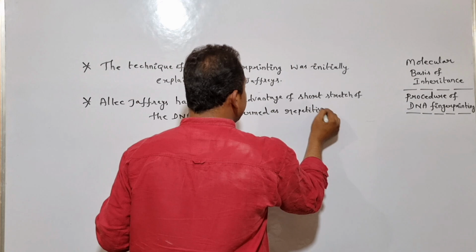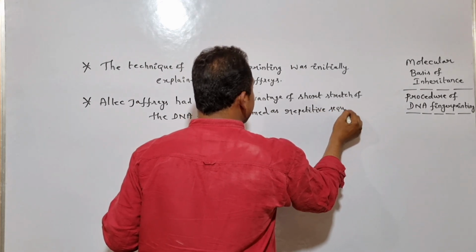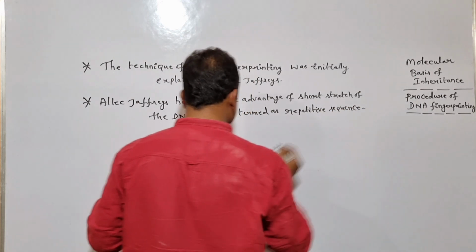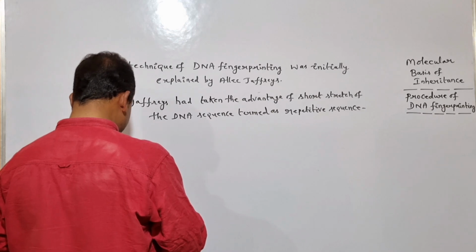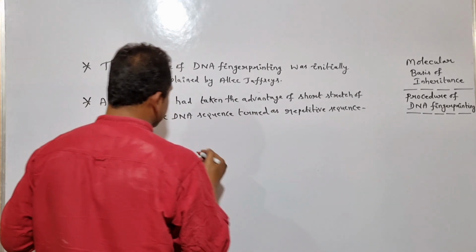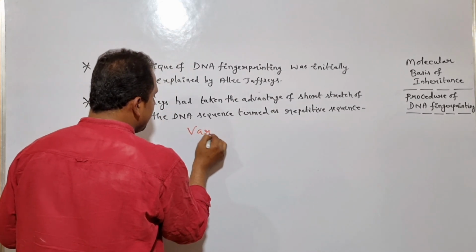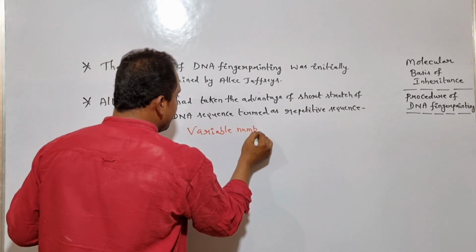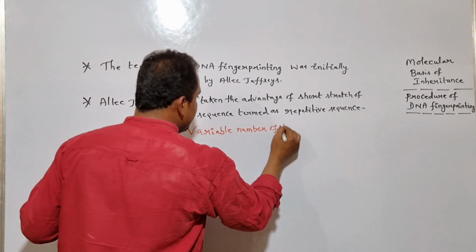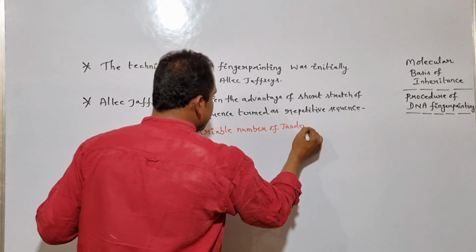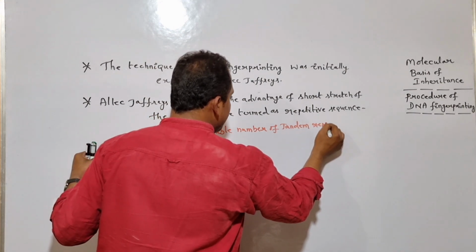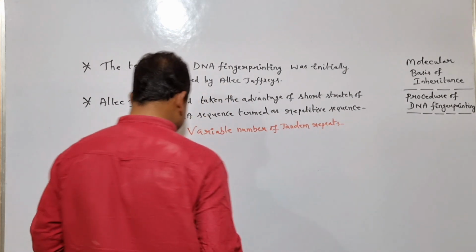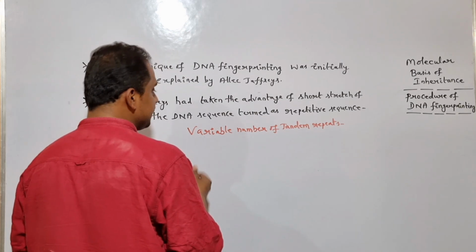And the concerned repetitive sequence which was considered by Alec Jeffreys was nothing but what? Variable number of tandem repeats. Let me write it on the board: variable number of tandem repeats. It is simply abbreviated as VNTR.